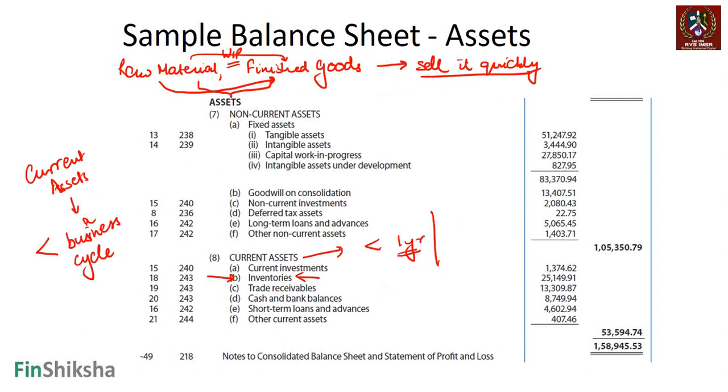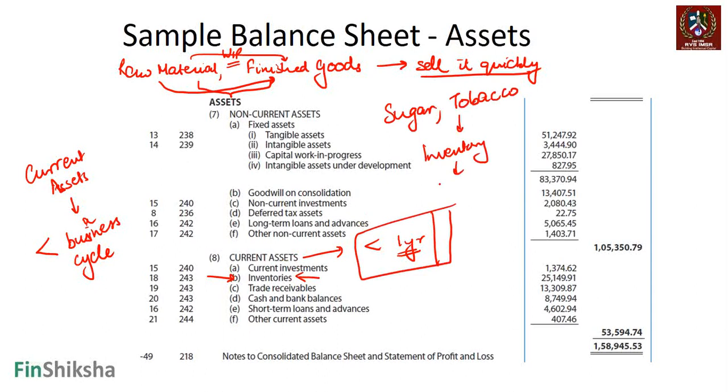In certain cases, the business cycles are longer, right? I'll give you a simple example, and these are exceptions usually. In most cases, the less than 1 year definition works. In some exceptional cases, like if you look at the sugar industry or if you look at the tobacco industry, there the inventory is longer.